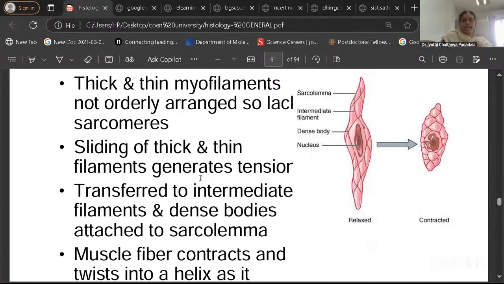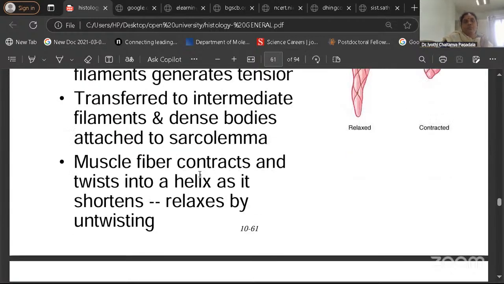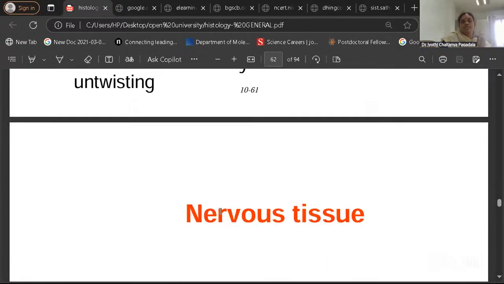And sliding of thin and thick filaments generates tension and transfers it to the intermediate filaments and dense bodies attached to the sarcolemma. A muscle fiber contracts and twists into a helix as it shortens, and untwists when relaxed.